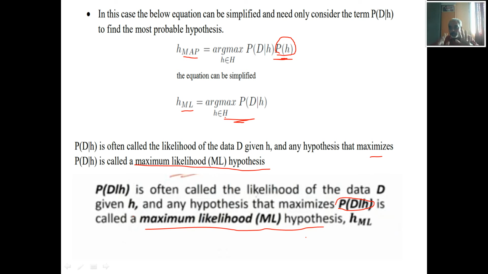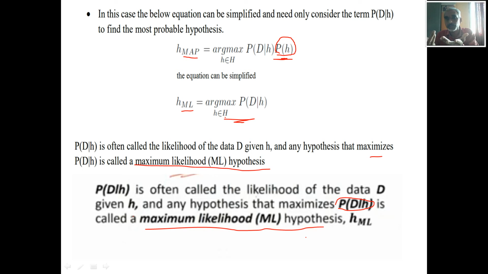Clear? So don't get confused here. HMAP is the maximum a posteriori hypothesis, and we derived an equation to find it using Bayes' theorem. When you apply the Bayes' theorem, we had two terms, probability of D given H into probability of H, and in some cases when you don't have the prior knowledge, we can think of that as a constant, because all hypotheses have the same probability.